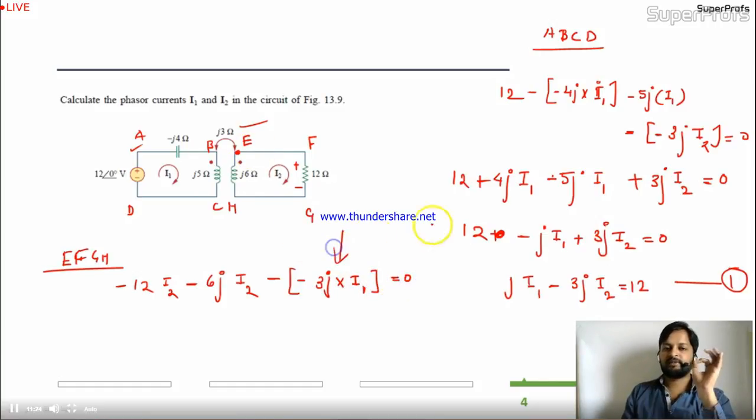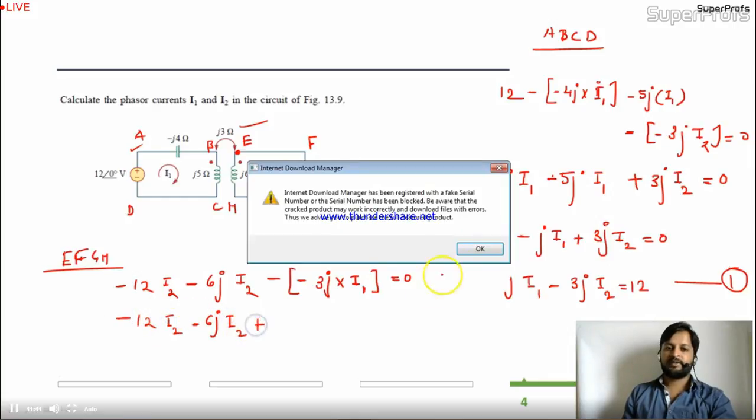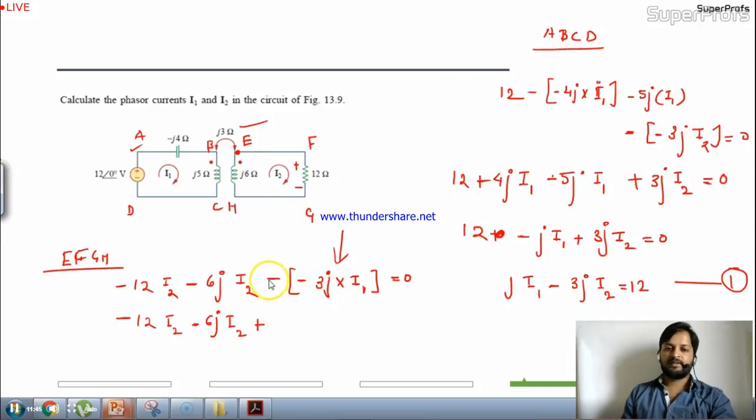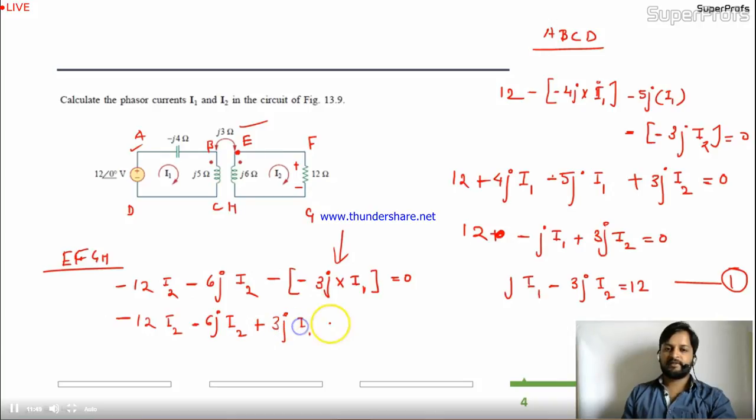Any doubt you have in this term? This negative sign I'm writing for the series opposition connection, and this minus sign because of the drop. So at the final stage we are getting 12 I2 minus 6jI2, minus, plus, I'm extremely sorry for this, plus 3jI1 equal to 0.